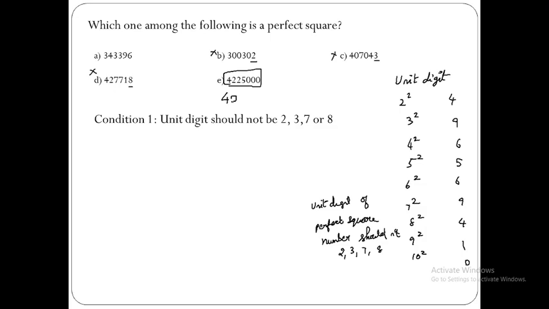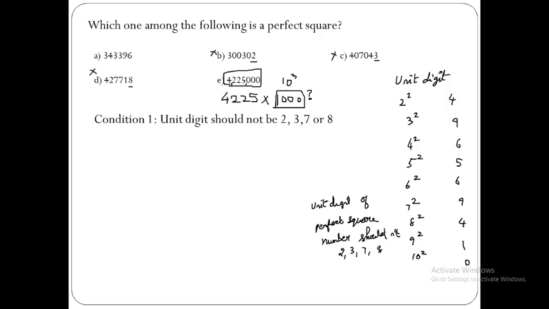Let's look at this option. It is easy to figure out. Let's write it like this: 4,225,000. So we can write it as 4,225 times 1000. Is 1000 a perfect square? No, it is not a perfect square. It is 10 cubed, a perfect cube.